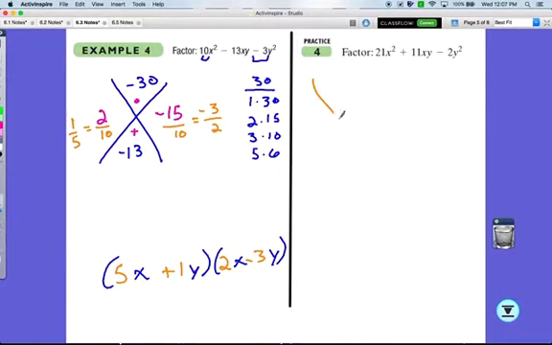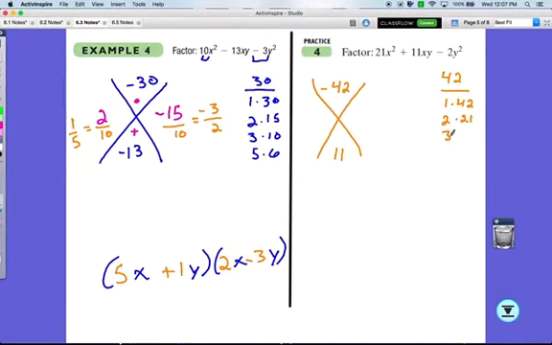All right, here you go. 21 times a negative 2 gives me a negative 42. I need a positive 11 in bottom. So since the top number is negative, I know I need to subtract. I need to have different signs in order to get the 11. So let's see, 1 and 42, 2 and 21.